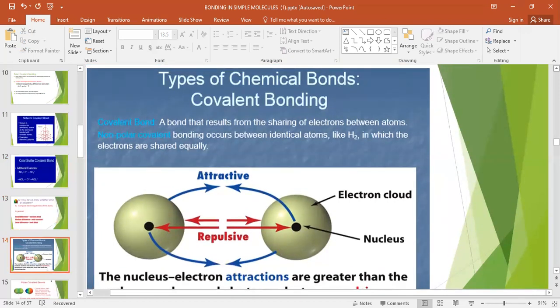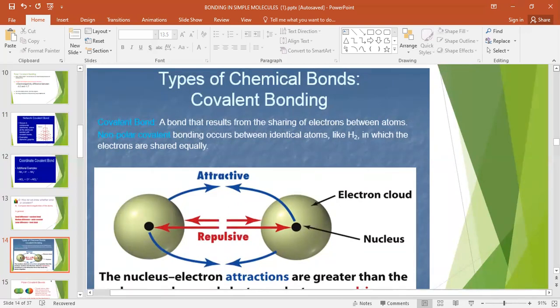Here this is also the summary I explained before. On the types of chemical bonding, the covalent bond forms as a result of sharing of electrons. I told you that when they share electrons, it means there is attraction between both atoms. That attraction we call electronegativity between two atoms.